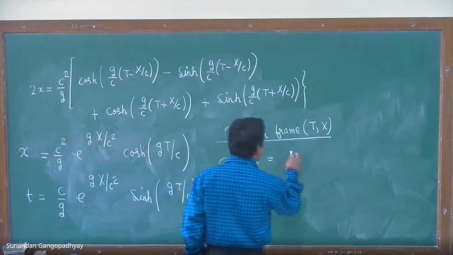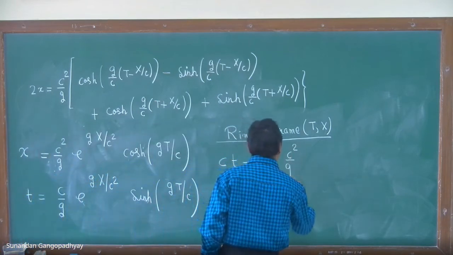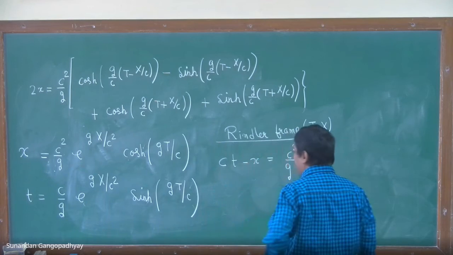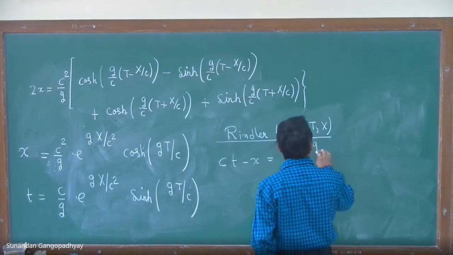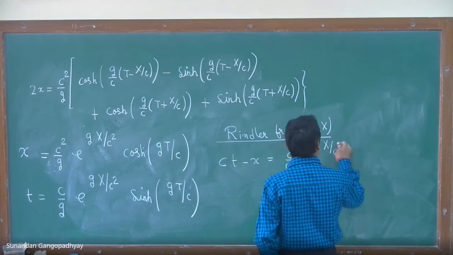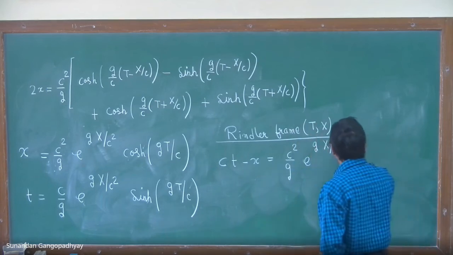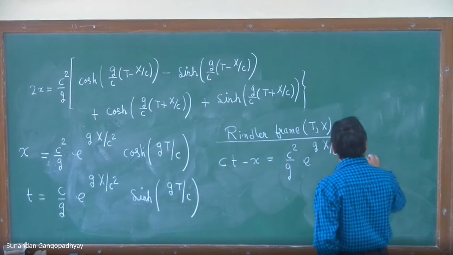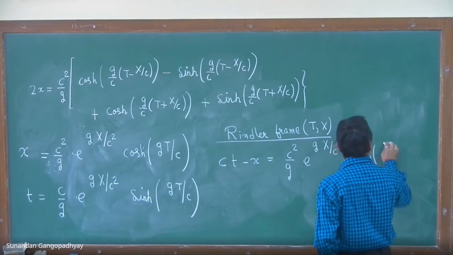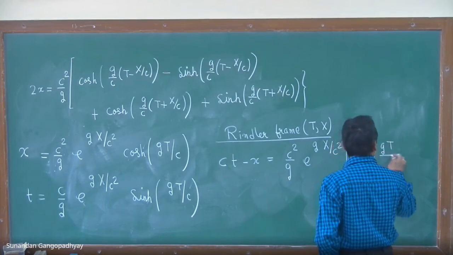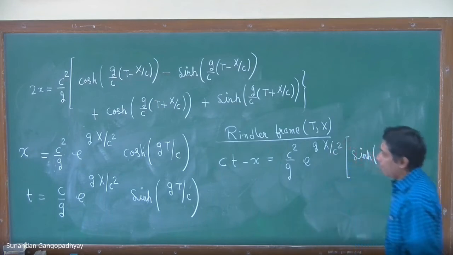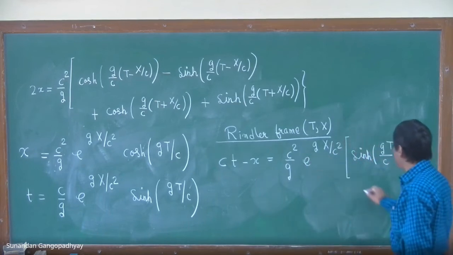So you will get c square by g common, and e to the power of gx by c square common, and then we have sine hyperbolic gt by c, and you are subtracting that part.